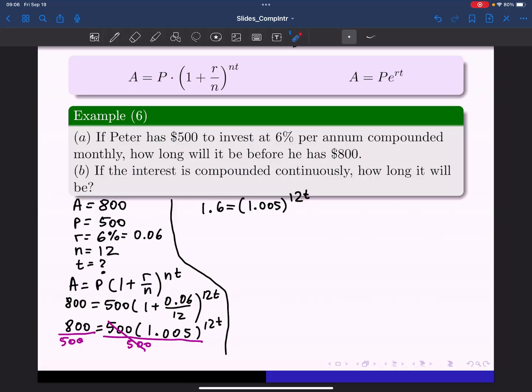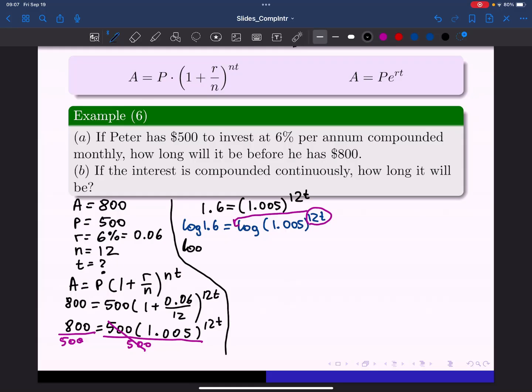Take log of both sides. That would be the next step. So we have log of 1.6 is equal to log of 1.005 to the power 12t. Now by the property of log, this exponent can go in front.